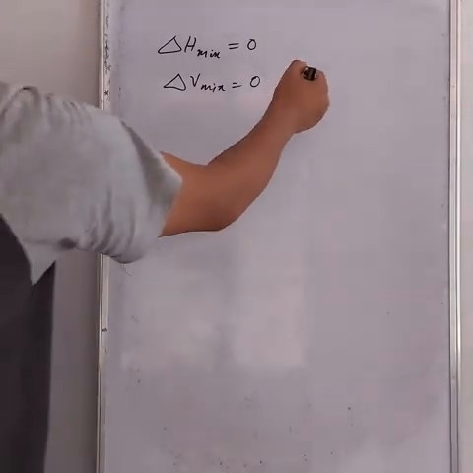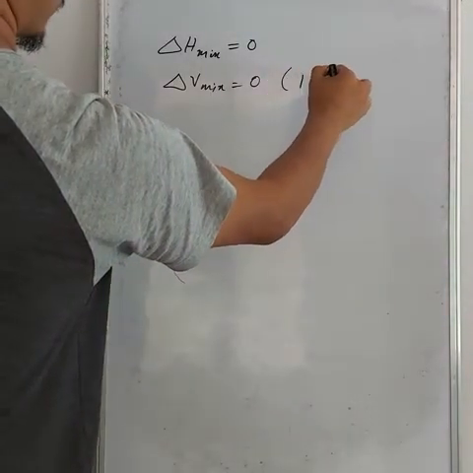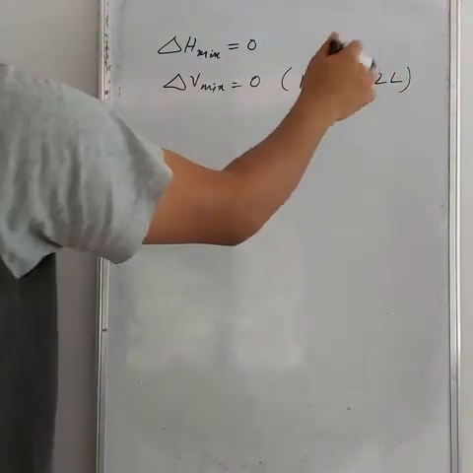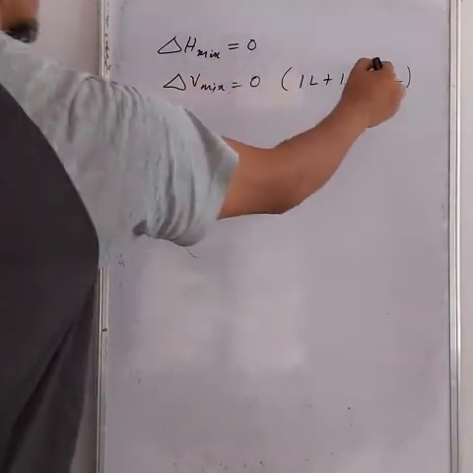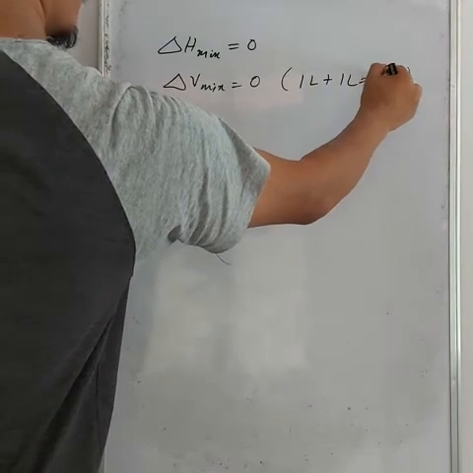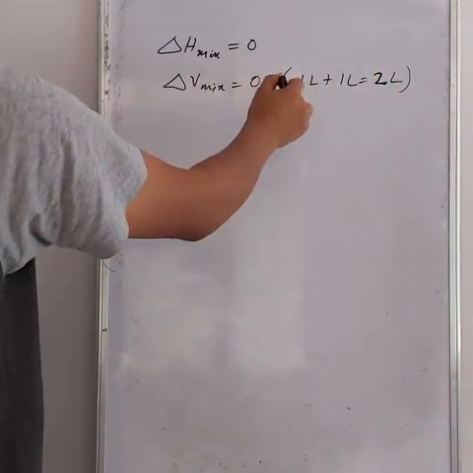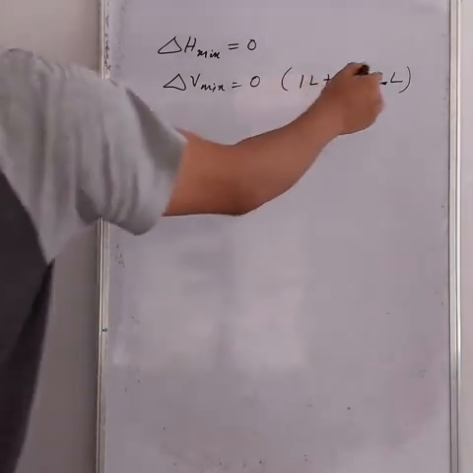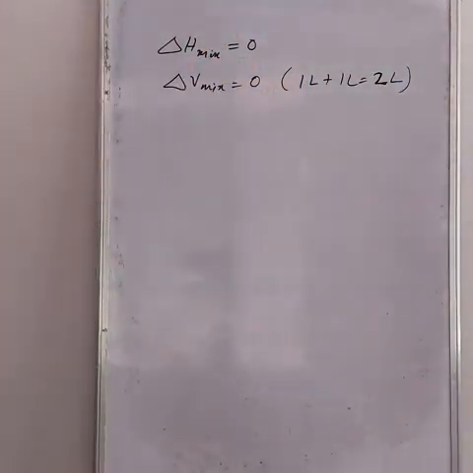Suppose, for example, if you add 1 liter of a solution plus another liter, then it will give you 2 liters. It will be equal to the amount of added volume. It won't change. If it changes, then it's a non-ideal solution. We shall see to it. And an ideal solution, as I mentioned, always obeys Raoult's law.